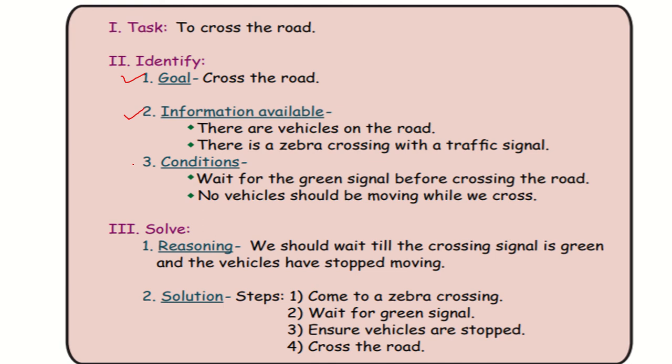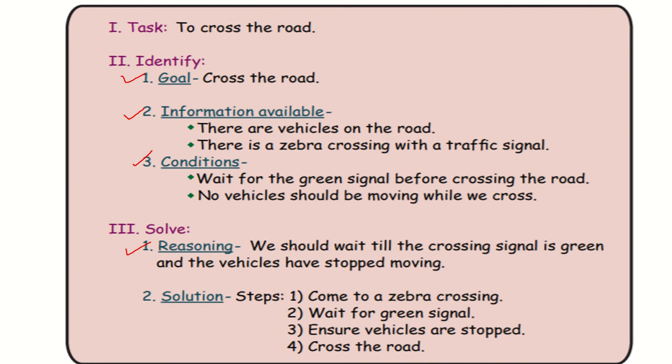Next are the conditions. Conditions means we need to follow the traffic rules. So these are the conditions. First, wait for the green signal before crossing the road. Second, no vehicle should be moving while we cross. Then by using the information and conditions, we will apply the logic or reasoning here.